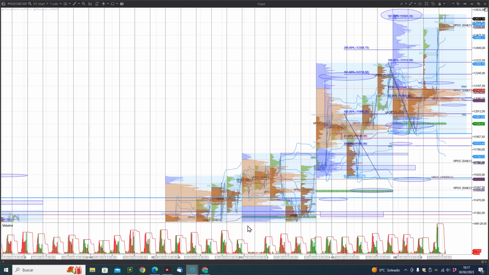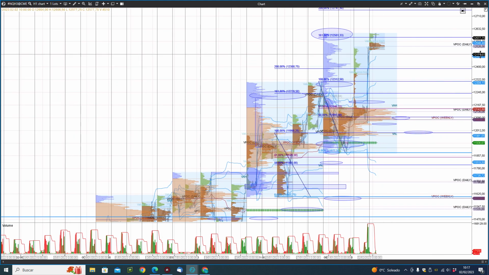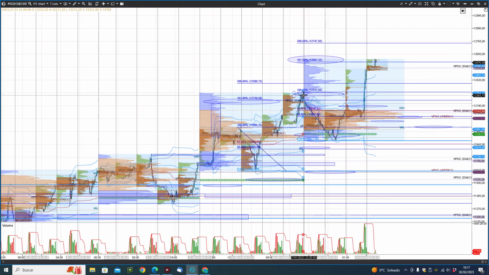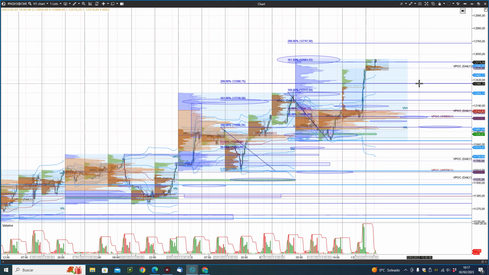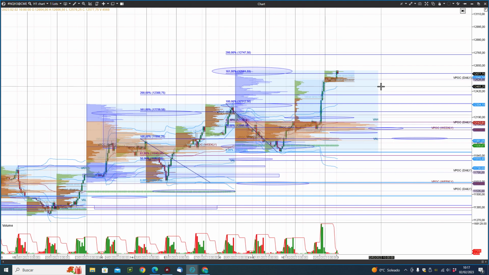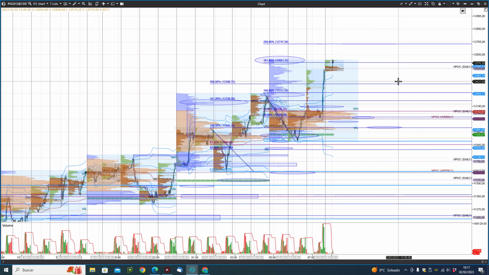If we go to this time frame, we can see it was a target, the projection of this pullback. We have touched it, okay, perfect.